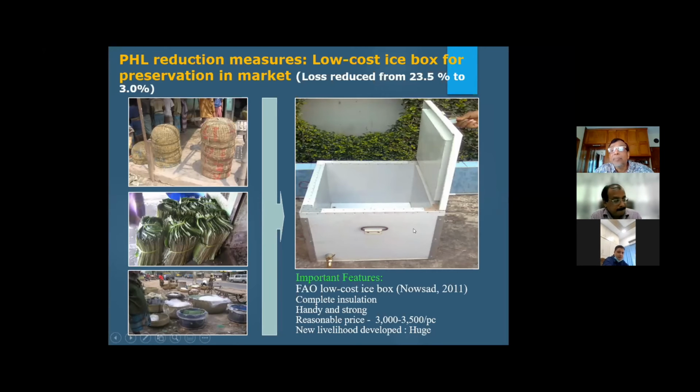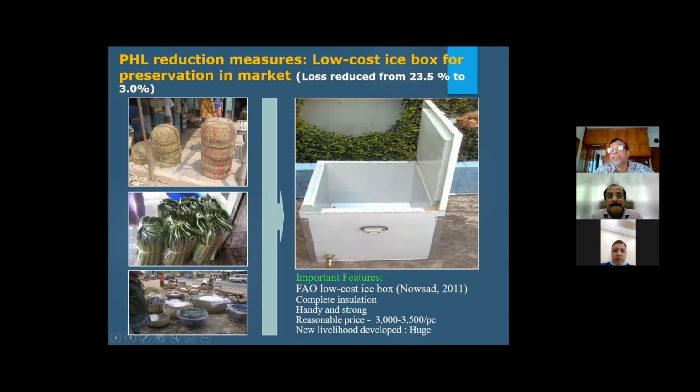It is a smaller type of ice box, but it can be produced from locally available materials, with very easy technology. 3,000 to 3,500 taka per piece is needed for construction of one, and a huge livelihood has also developed. This ice box is being used, and needs to be used, for keeping fish in the market for overnight preservation.